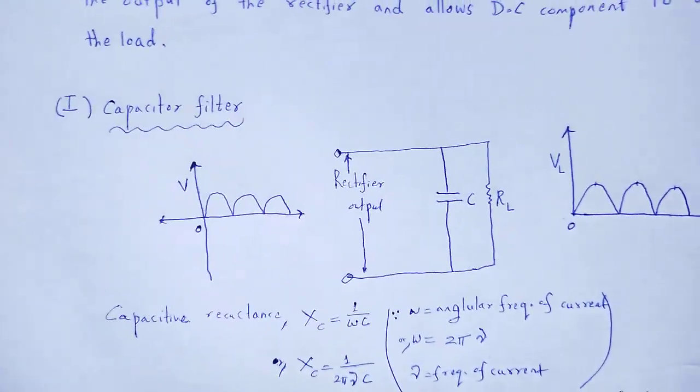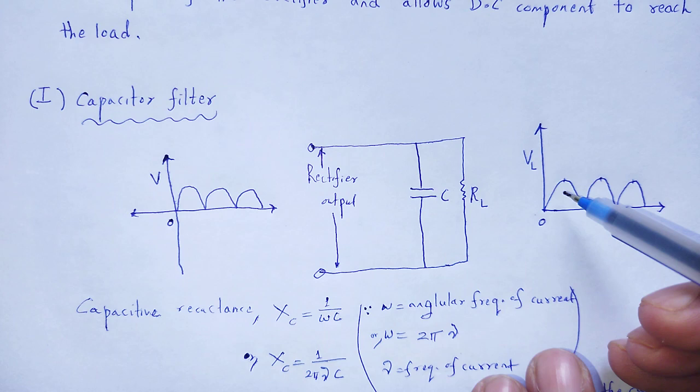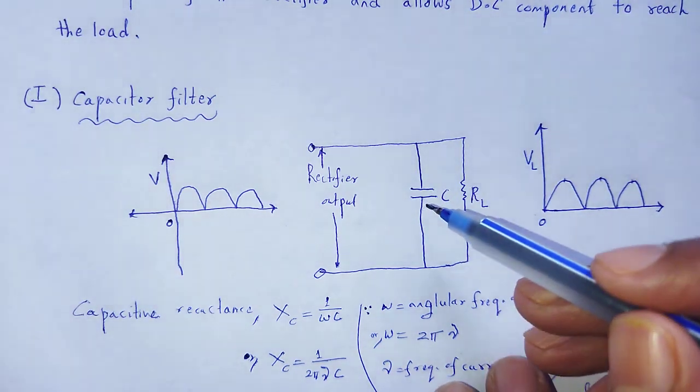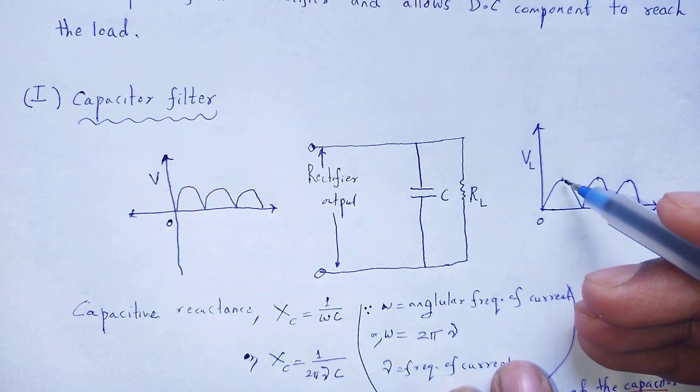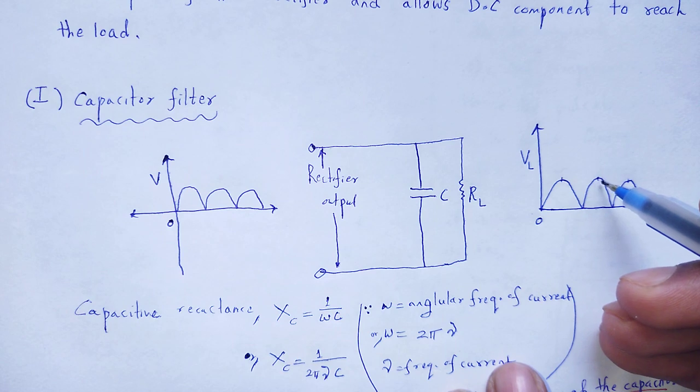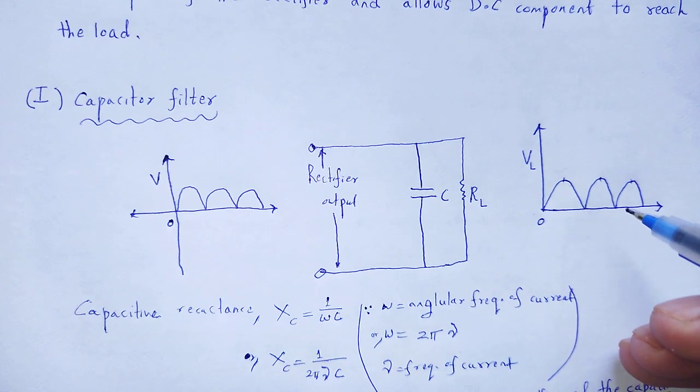As a result, in the positive half cycle, when the capacitor is charging, gradually it will be discharging, then charging, discharging, charging and discharging.